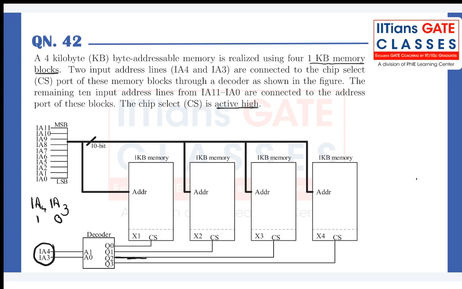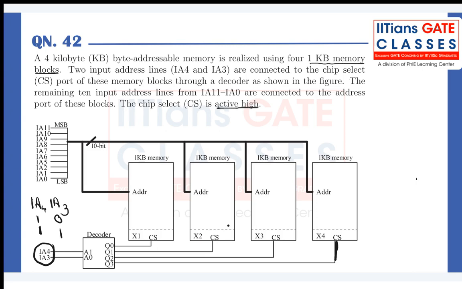This line will go high, the chip select will be activated, and this is called active high. If I ask you to activate the fourth memory block, you will say IA4 and IA3 should be 1, 1.